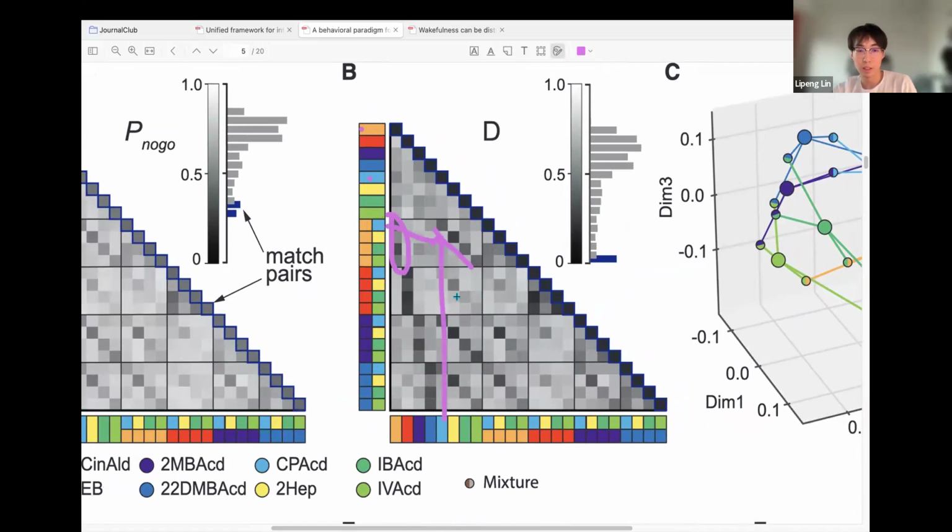So this means that the combination of smell seems much more similar to the individual component of this combination. So this is very interesting, and this kind of result actually supports that their paradigm is actually measuring the perceptual similarity of the smell. Okay.